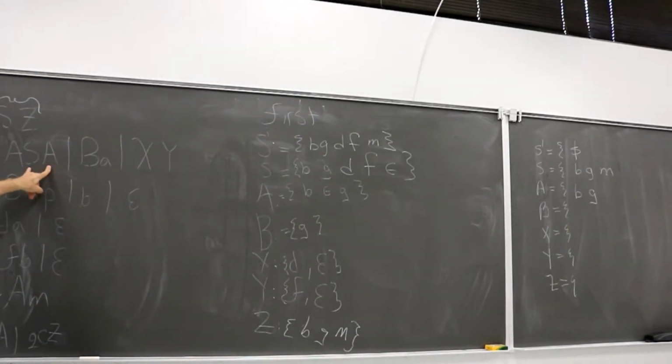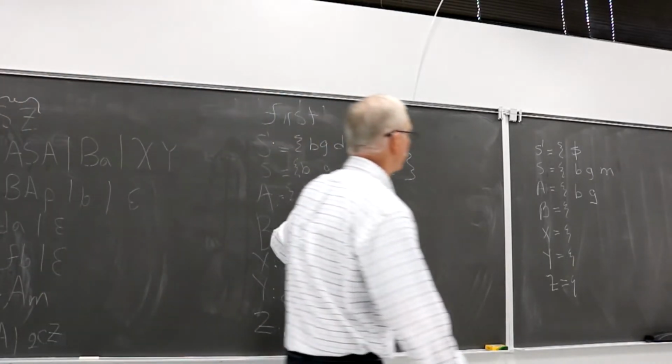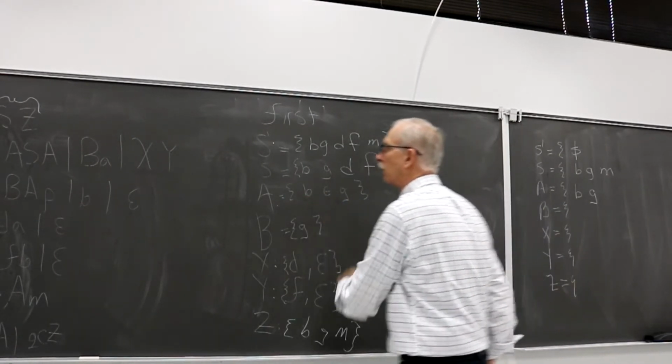The first of A is in the follow of S. I did that. Can S generate empty? Yes, it can. So the first of A is in the follow of A. All right, whoop-de-doo.